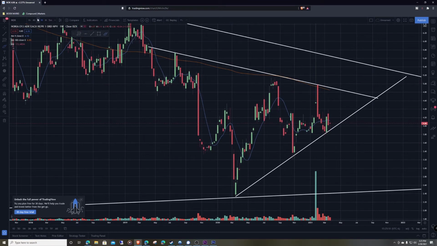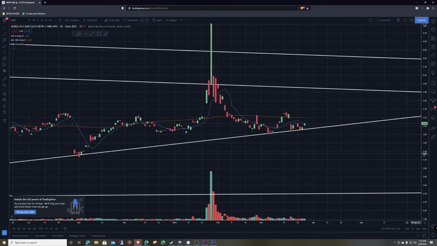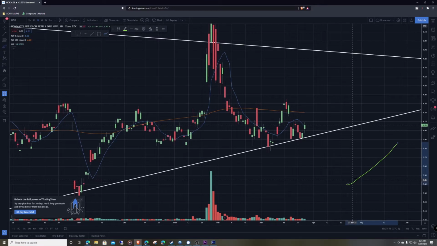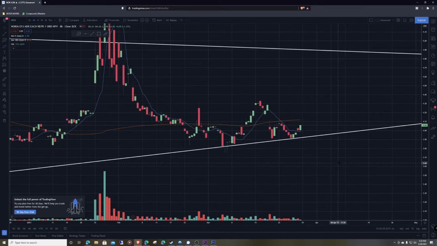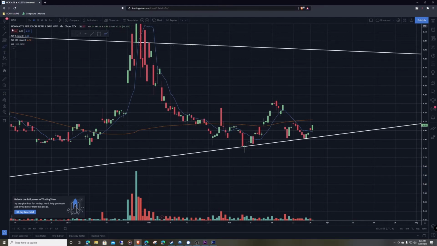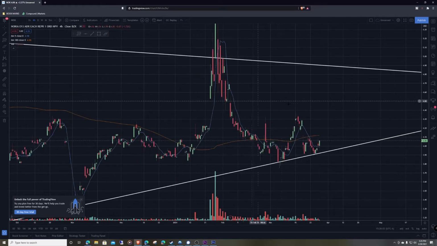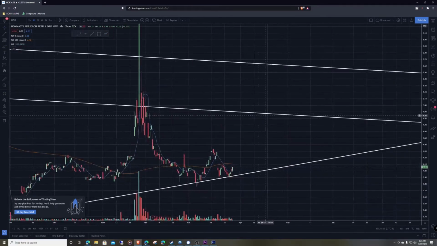Let's go into the smaller time frames. That seems kind of bearish, but when you look at it like this, or maybe even the 4 hour, let's go into the 4 hour. It kind of looks like it broke out a little bit, like it might want to be retesting this upper trend line up here.